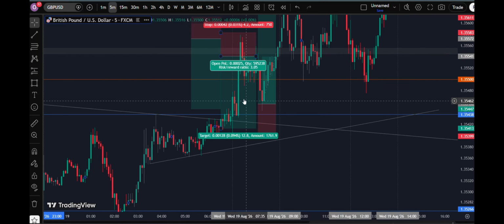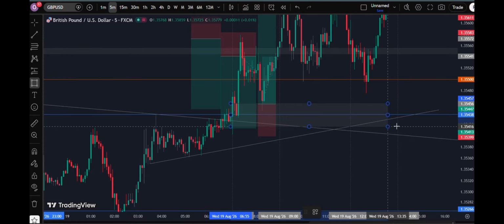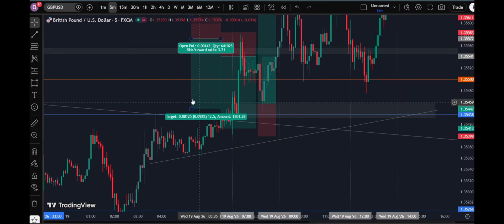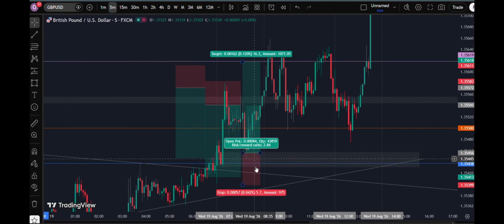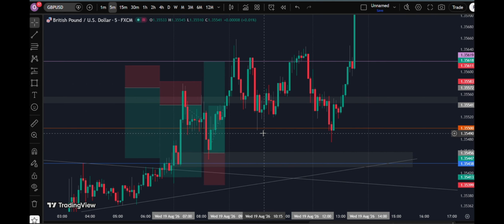We had this strong order block here that broke structure. Market came like this. Because of this strong order block, I knew that market would try to buy from here to this level. So it was 3 entries.